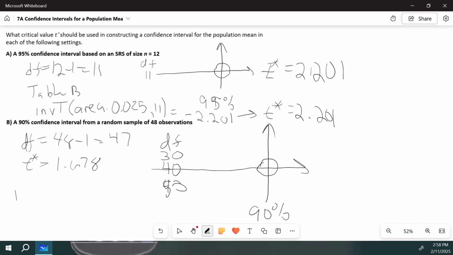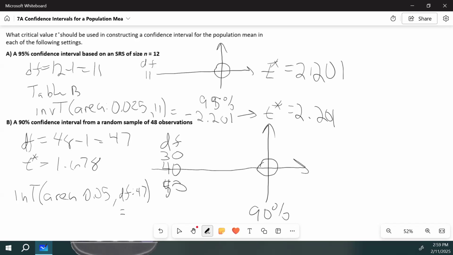All right, if you use technology, inverse T, the area, again, since it's a 90% confidence interval, that's the middle 90%. The tails split the 10%, so it's 5% area, so it's going to be 0.05. And then the degrees of freedom are going to be 47.